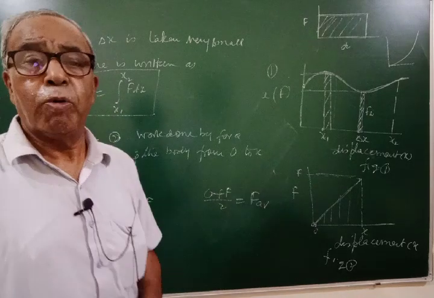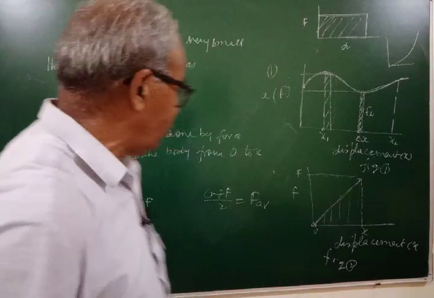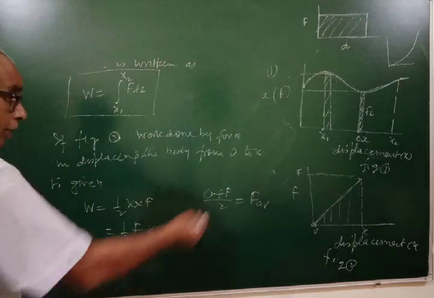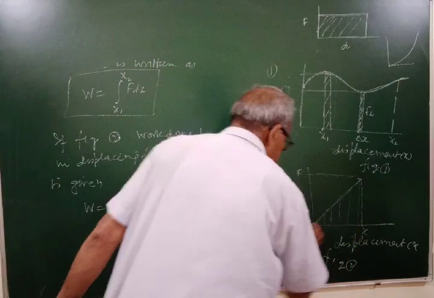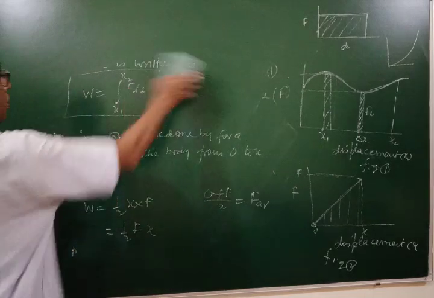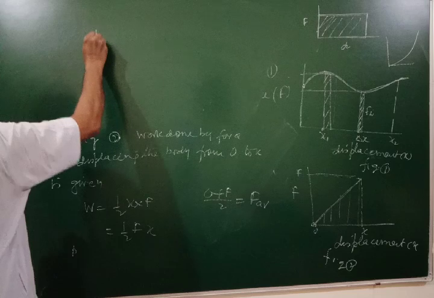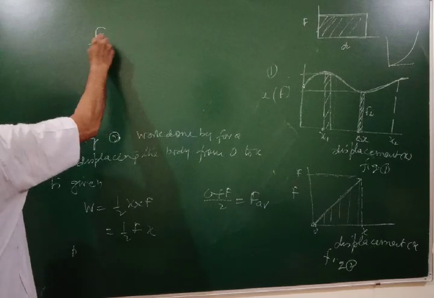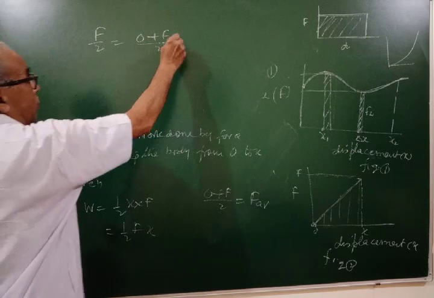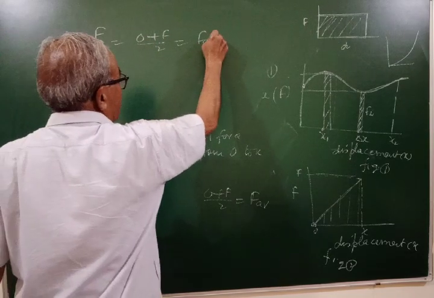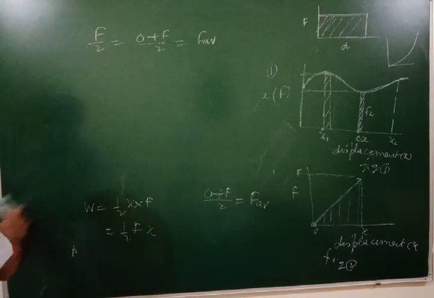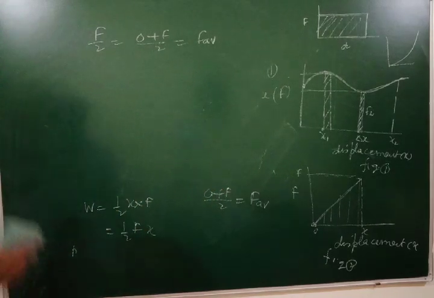Where force is varying linearly, we can use the idea of average force. The area of the triangle is half, but I write here half F, meaning 0 plus F by 2, which we can write as average force. So work can be obtained by the concept of average force.